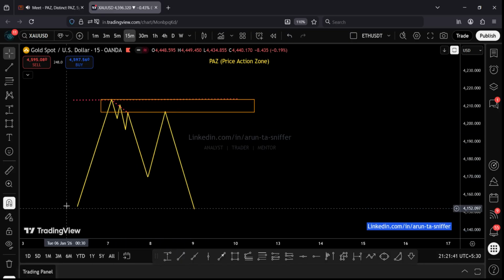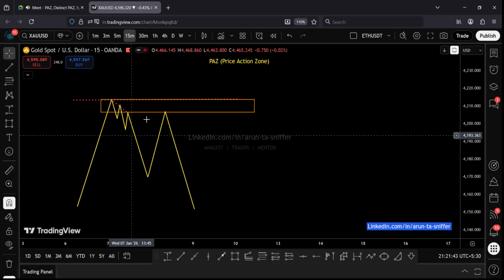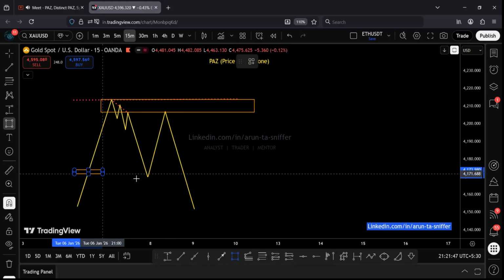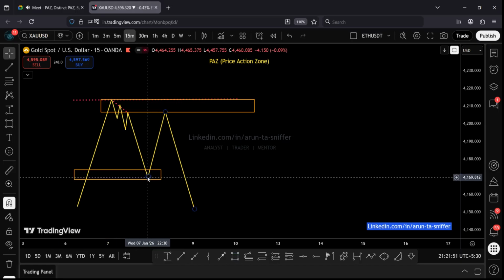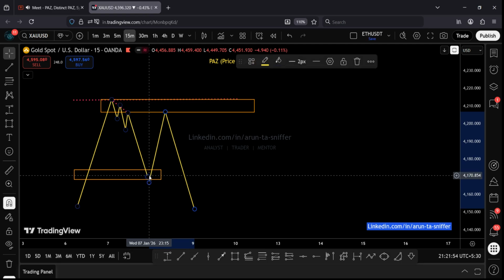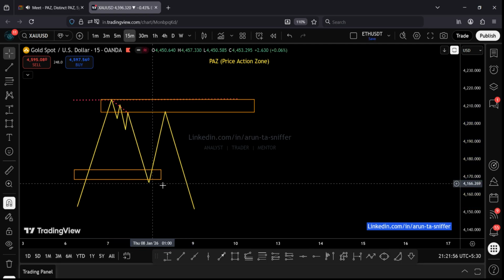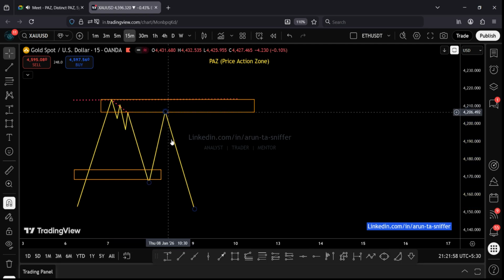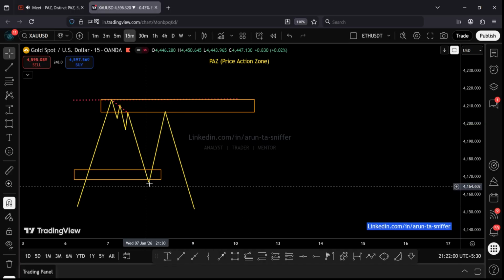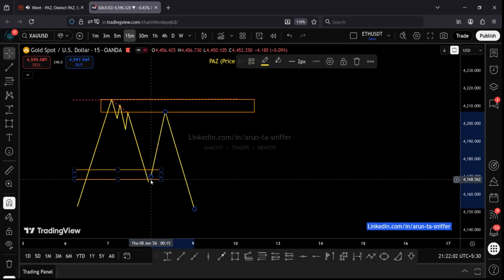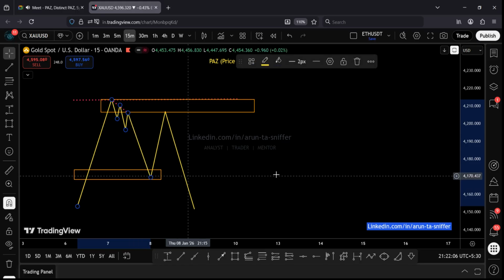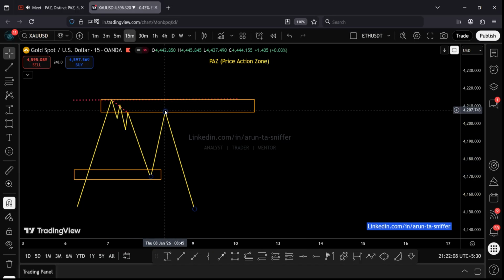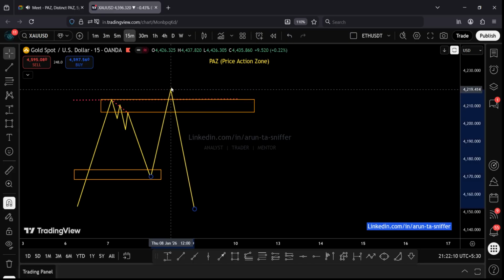What happens here? Price comes down and hits this. If price has engulfed this, then price will go up, hit this and then come down. But what happens if the price did not engulf this zone below? Price will go up like this.